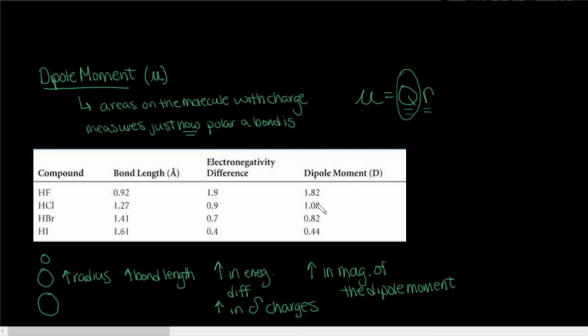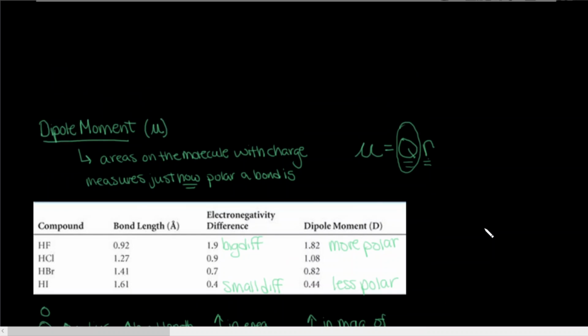And so the bigger the dipole moment, the more polar that bond is. So these bonds are more polar and these bonds are less polar, and that's because up here you have a big difference in electronegativity, and down here you have a small difference in electronegativity.